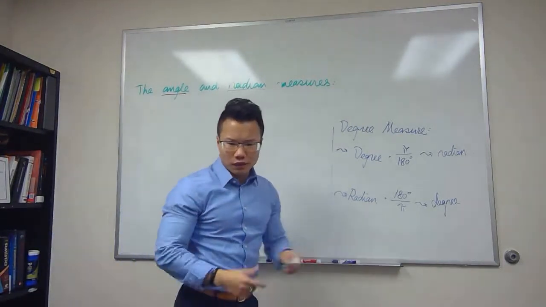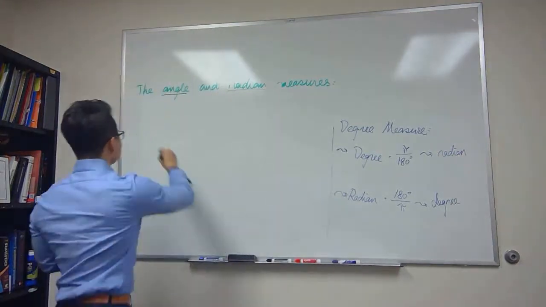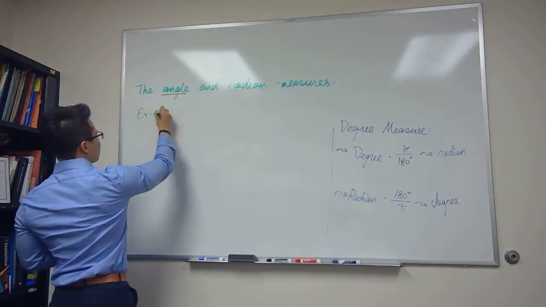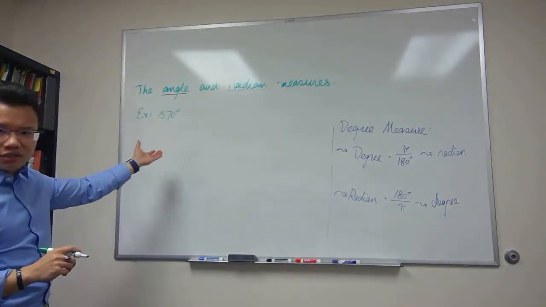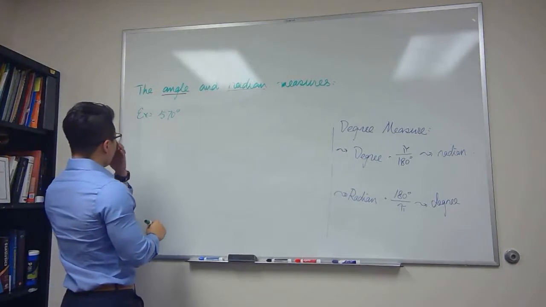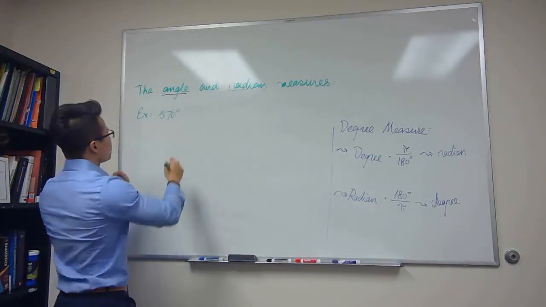Okay, so the example for this one is I'm going to start with 570 degree. Obviously this is a degree, and what I need to do is to convert this one into radian.